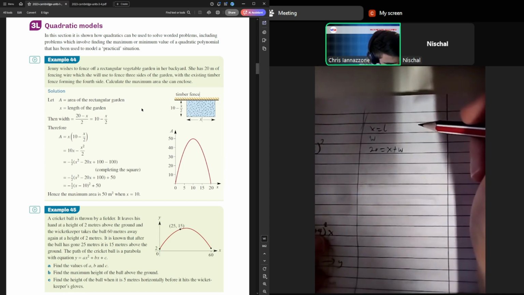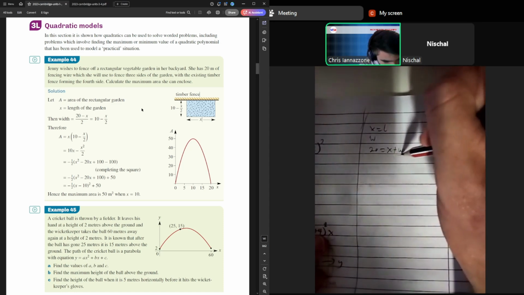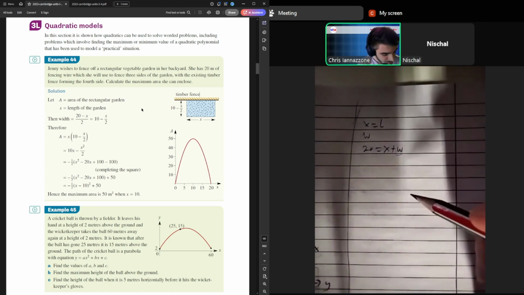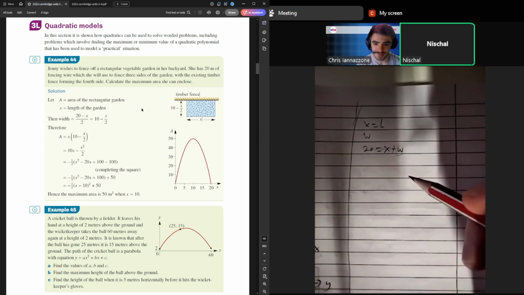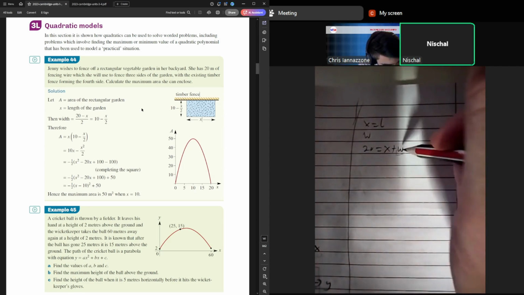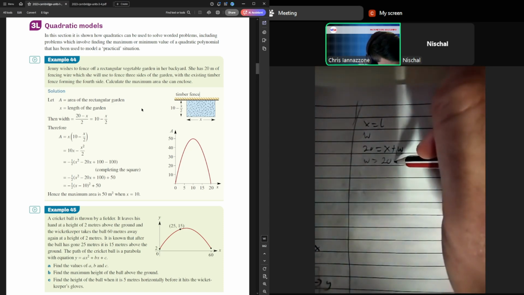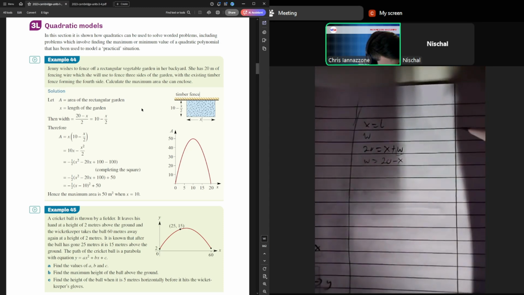What they're then saying is to get the width portion on its own. Sorry, I should have said I was doing the handwritten notes. Can you follow along easily enough? Yes. To get the W portion on its own, you just subtract x.